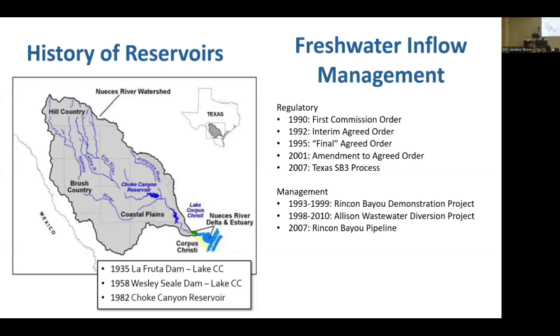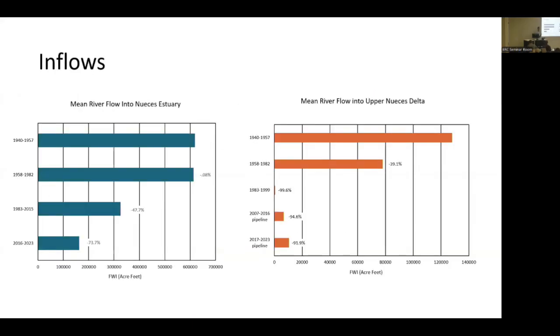And then one of them was diverting wastewater from the Allison wastewater treatment facility located on the tidal segment of the Nueces River into the Nueces Delta. Again, I'm happy to talk at length with anybody who's interested about these, but in practice, this secured some level of fresh water for Nueces Bay, but the reality is this was a great reduction on what was previously available.